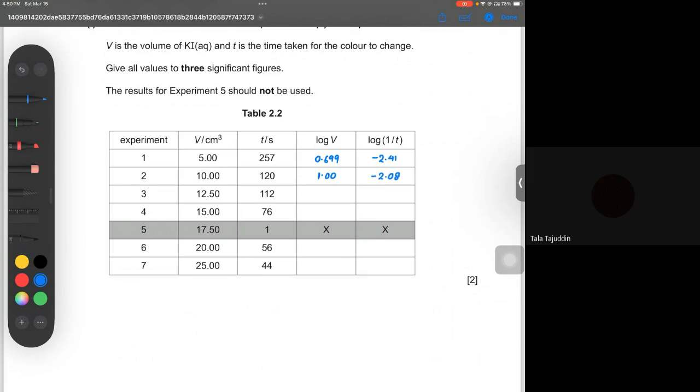Yeah. Next point. 1.096. Yeah. It's almost 1.1, right?